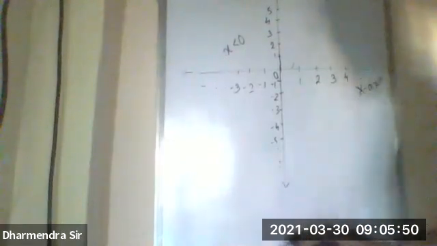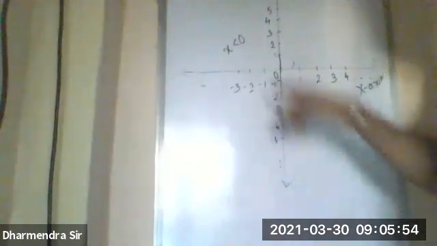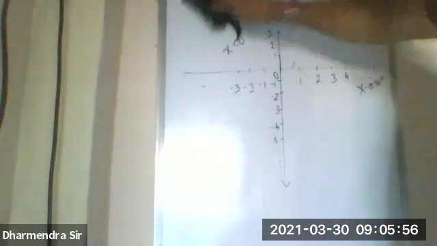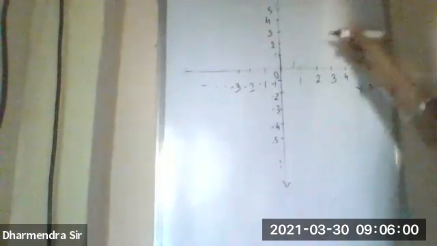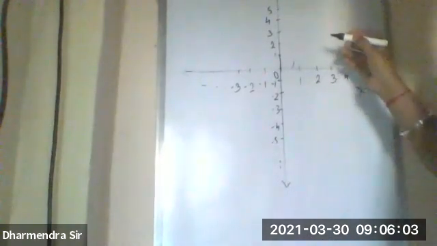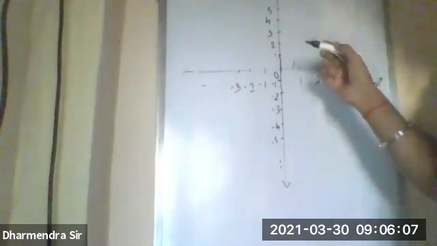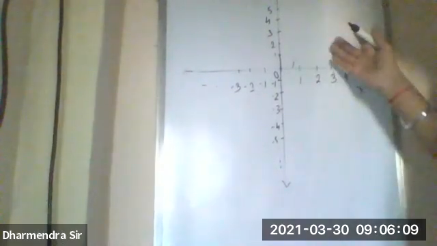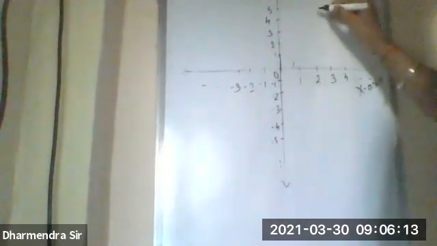Now we'll come to the concept of x-axis, y-axis. Both have divided the plane into 4 parts, which are called quadrants, and we will allot the name to these 4 parts in anti-clockwise order. This is our first quadrant.